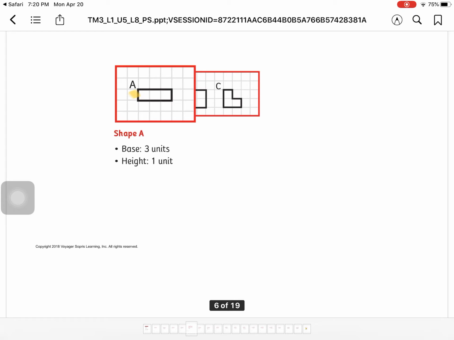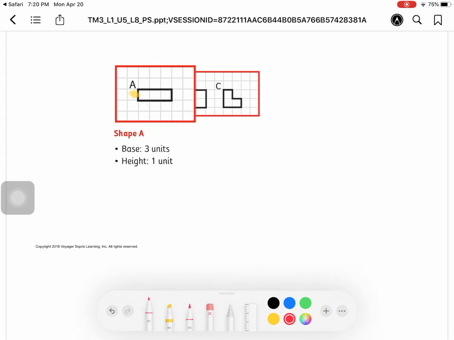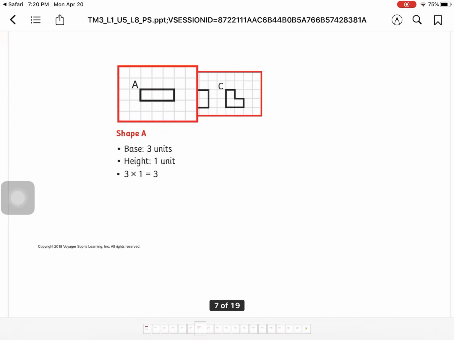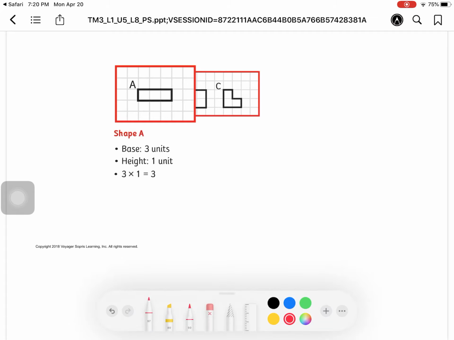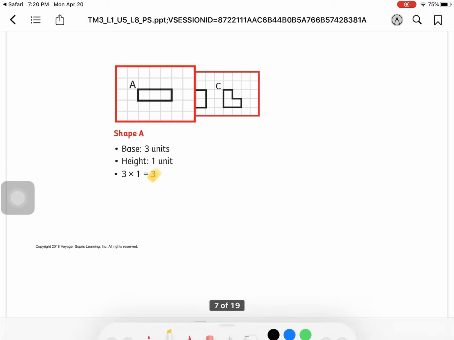So I know if I'm looking at area equals base times height, my base is 3 and my height is 1. So if I have 3 times 1, my area for shape A is going to be 3 units.